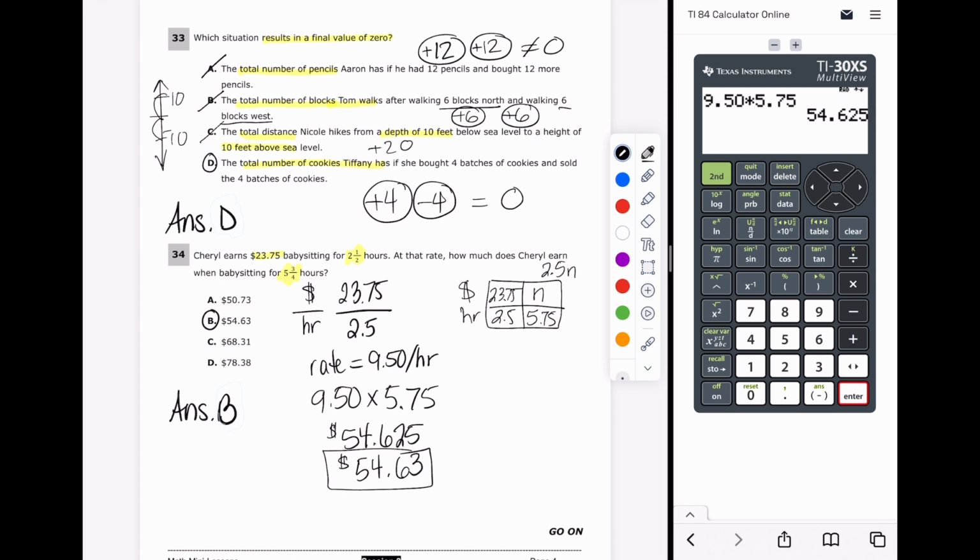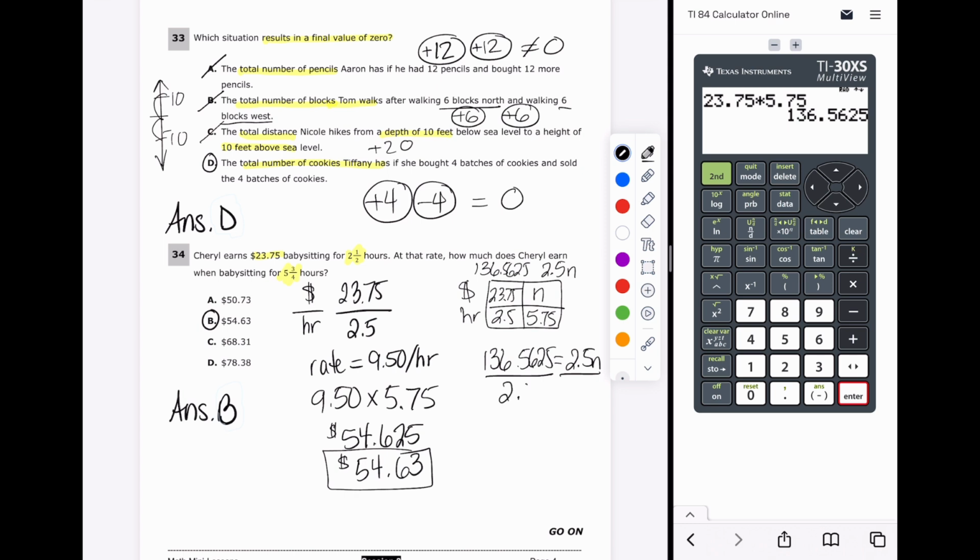And then the other way, I'm going to have to use my calculator here, 23.75 times 5.75. And I get 136.5625. All right, so let me rewrite this equation. 136.5625 is equal to 2.5n.